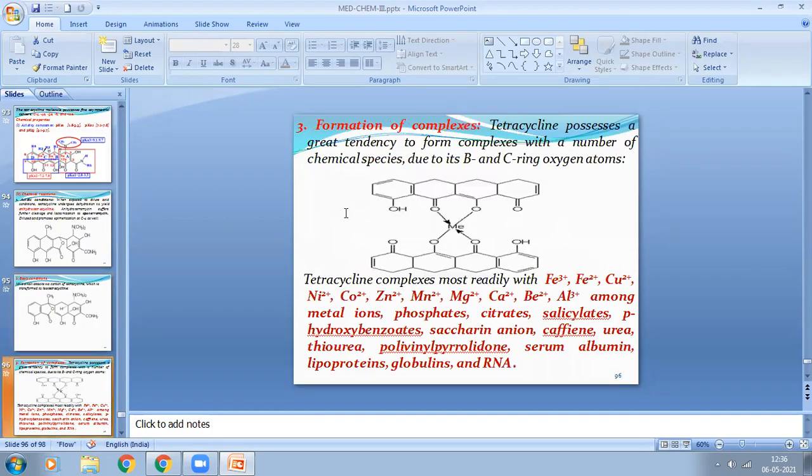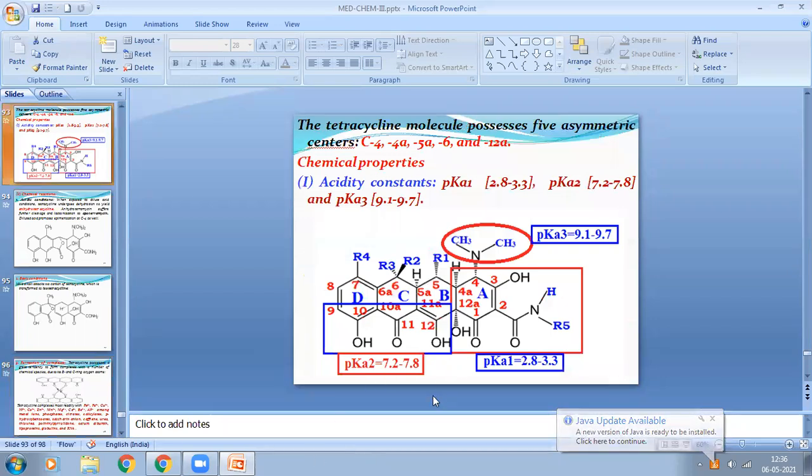Next, formation of the complexes is a very important point. Remember this, formation of the complexes. Tetracycline possesses a great tendency to form a complex with a number of chemical species due to its B and C ring oxygen atoms. See here, B ring, C ring.